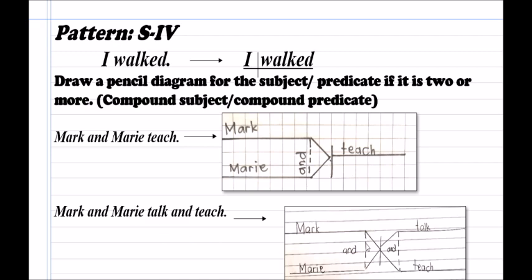Always remember to put a diagonal line here and put the conjunction. Next, do not forget the vertical line to divide the subject and the predicate. Hence, talk will be put here and teach will be put here. Also put a diagonal line and the word "and", which is the conjunction.